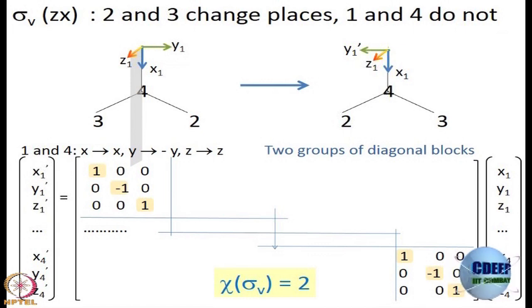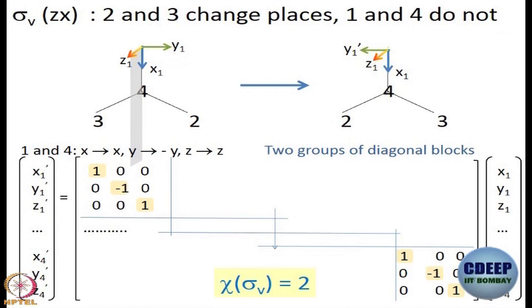Okay. So, what will happen? What will happen to x? This is sigma v. Will it change? No. So, character is 1, sorry, coefficient is 1. Y, will it change? Y will become minus y, and z same.